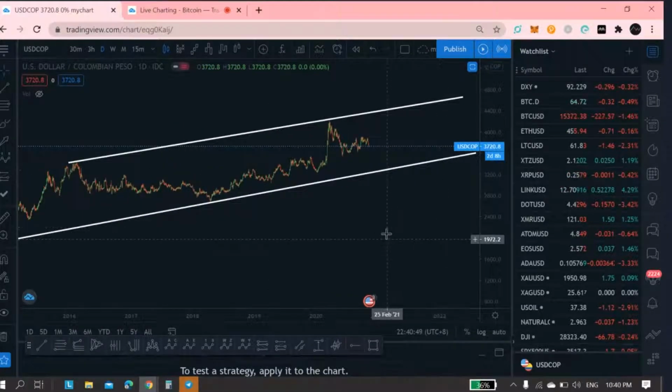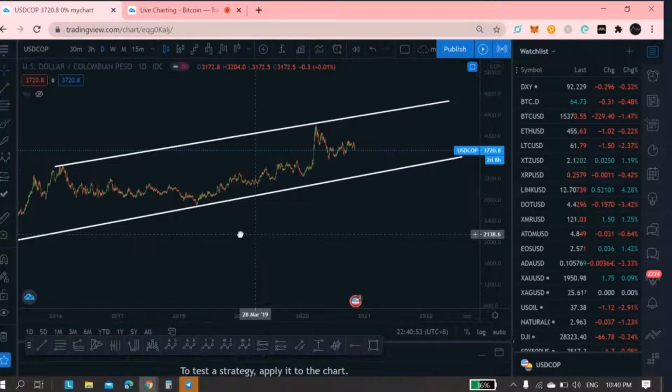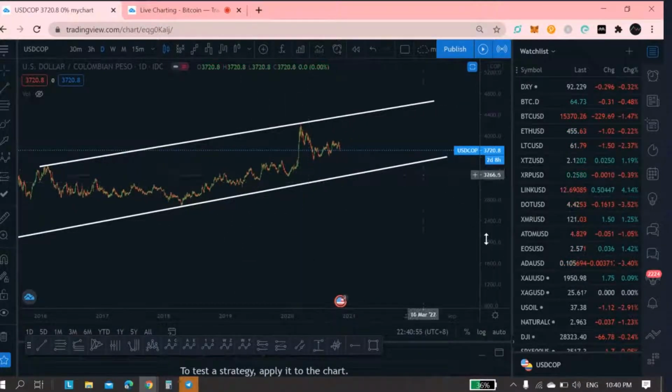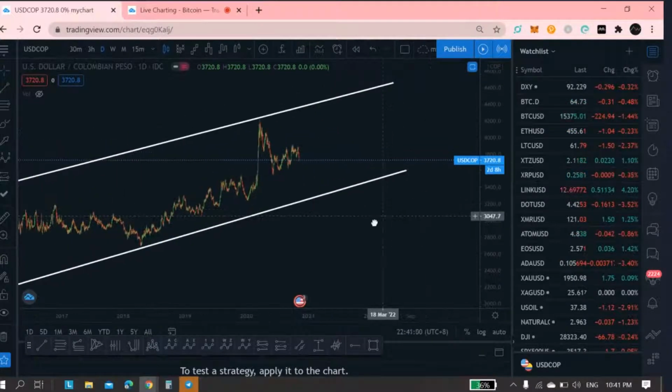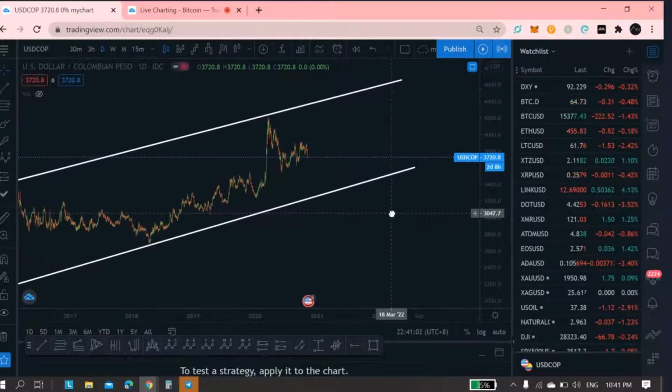It's on the uptrend channel. However, it's currently at the middle of that channel. Normally, I don't trade the middle. I just trade the extremes.